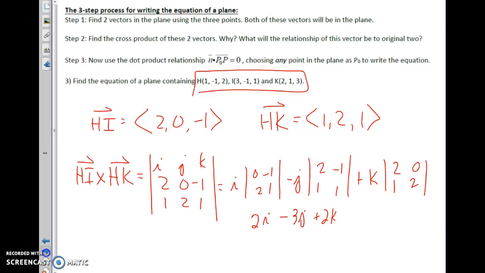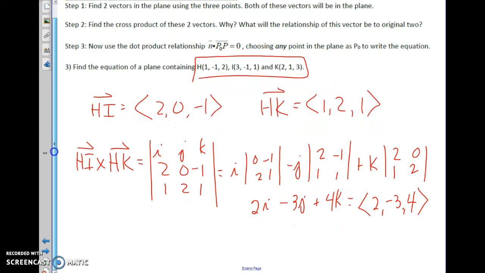Now 2 times 2 is not 2, it is 4. So the direction vector for this plane is 2, -3, 4.